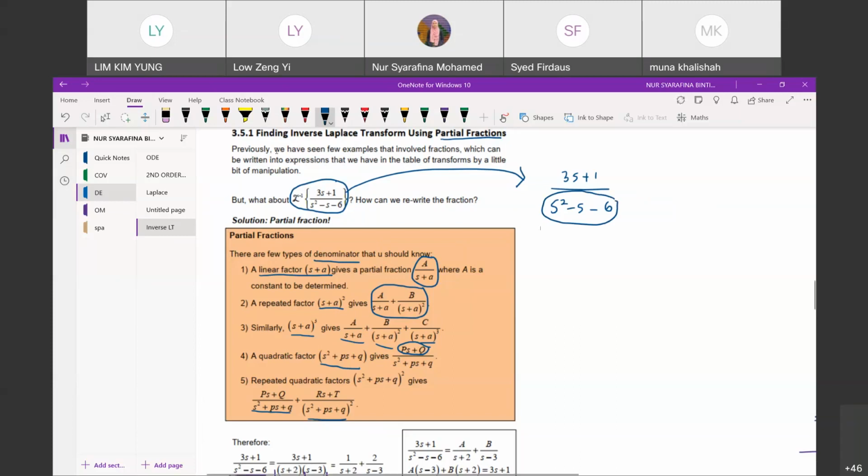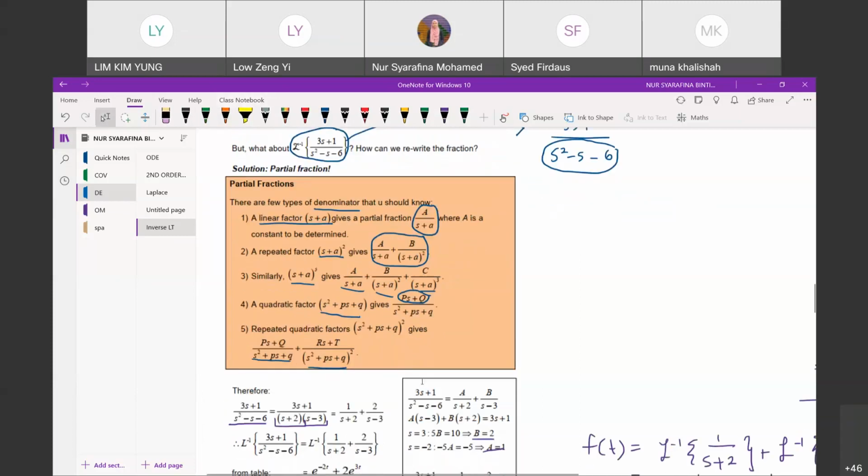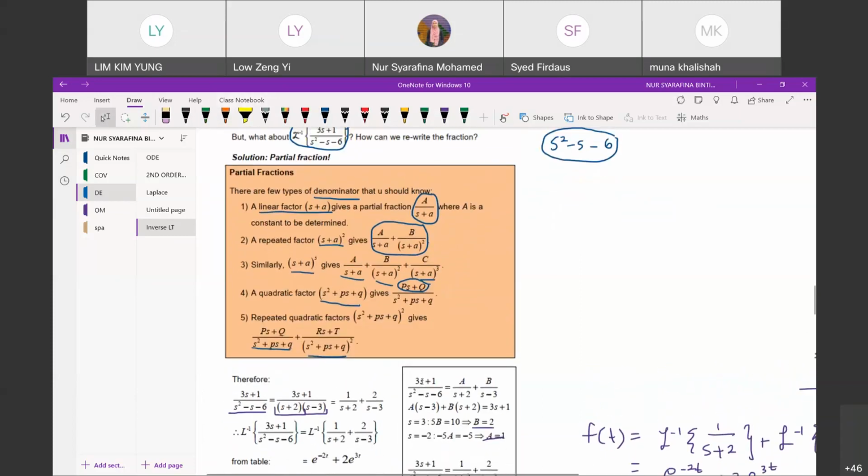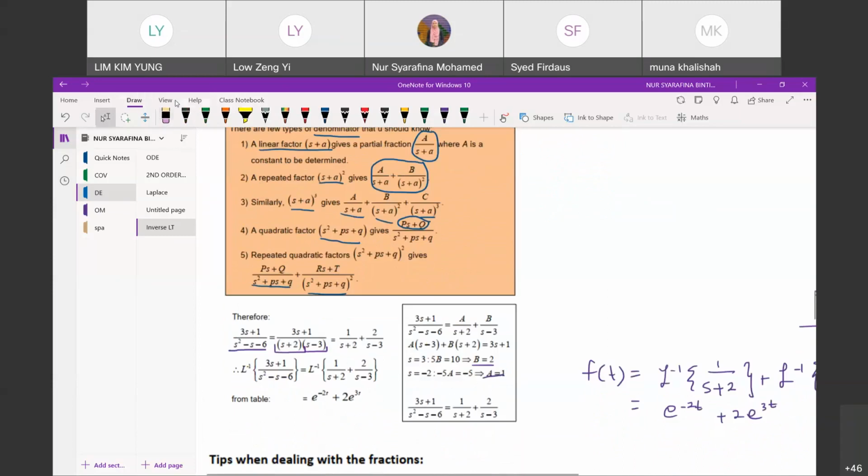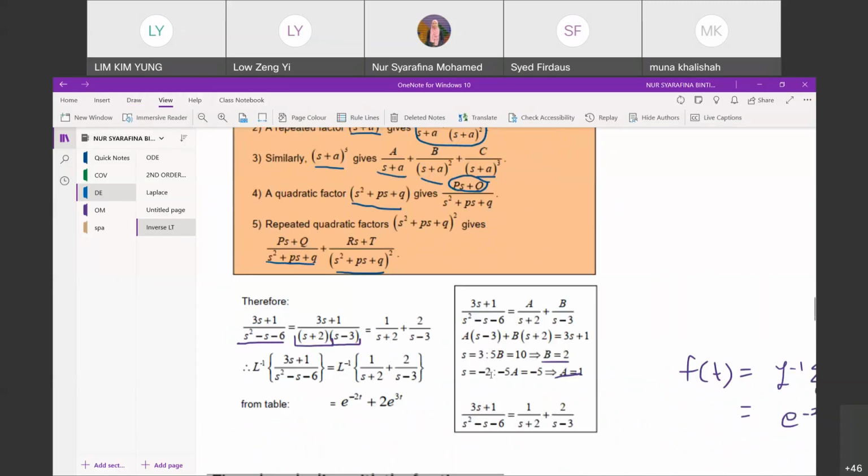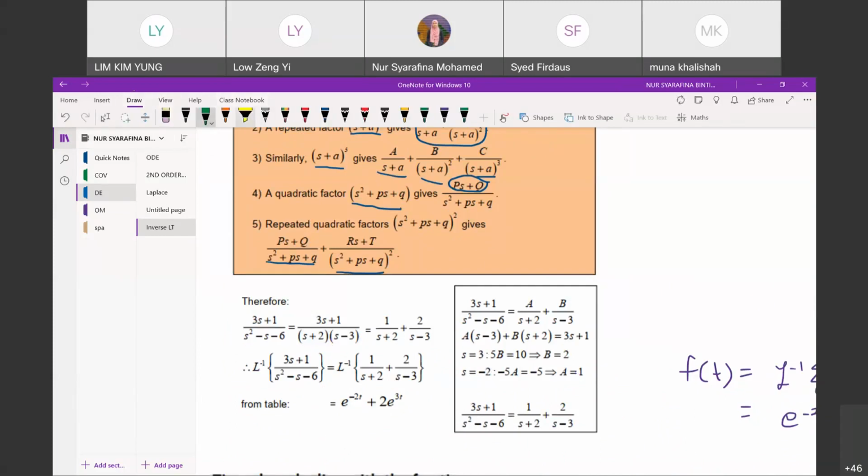From this example, this can be simplified to s plus 2, s minus 3, where you know that s plus 2 and s minus 3 are linear factors.